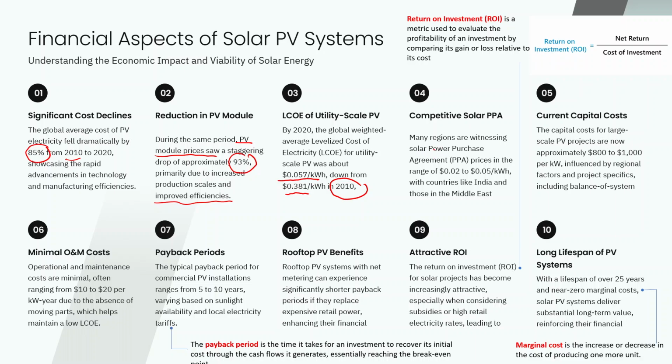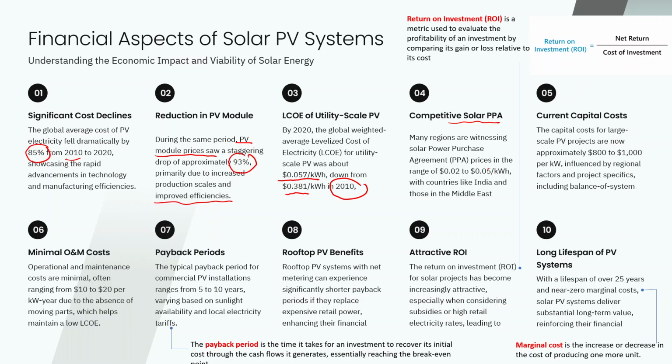And now, due to the advancement of technology and its outcomes, competitive solar power purchasing agreements are there, right. So you can see very competitive solar power purchasing agreement prices in the range of 0.02 to 0.05 per kilowatt hour, right.